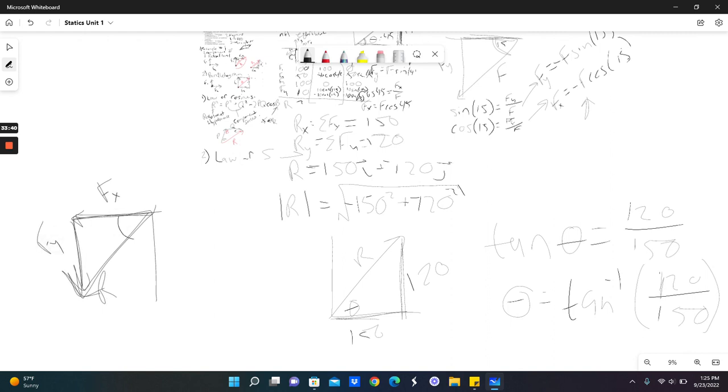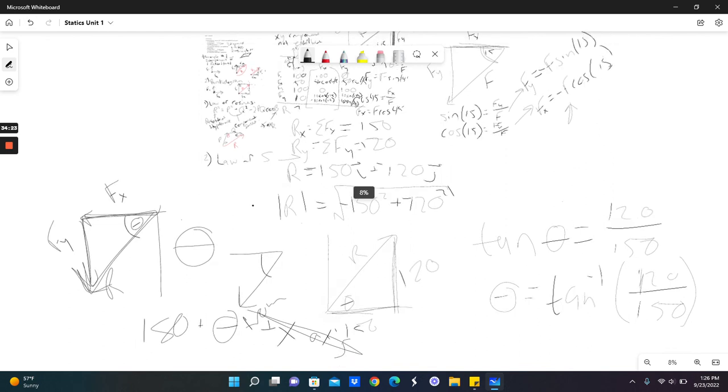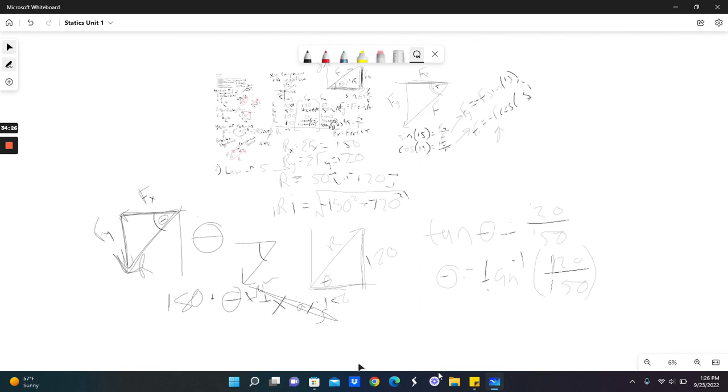This would be a theta. We could still use that equation to get this theta, but we would then have to remember to either specify that it's at theta and specify the direction, or add 180 and say it's 180 plus theta from the positive x axis, or you don't have to specify from the positive x axis as long as you're doing an absolute angle in that case.